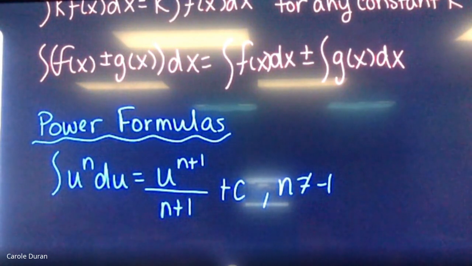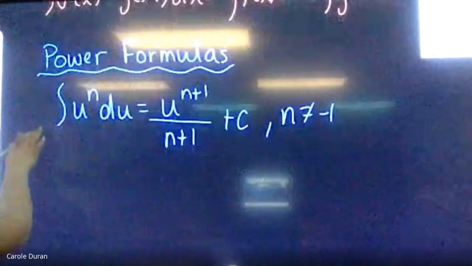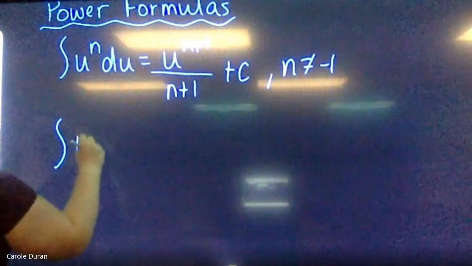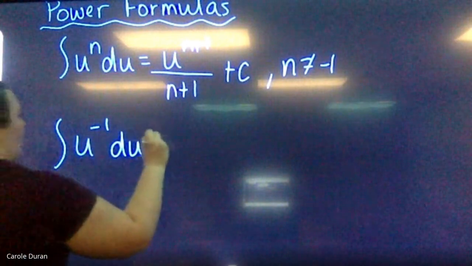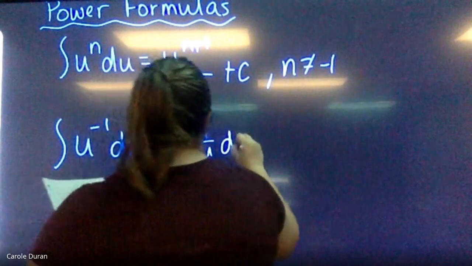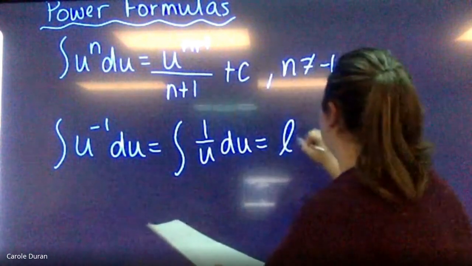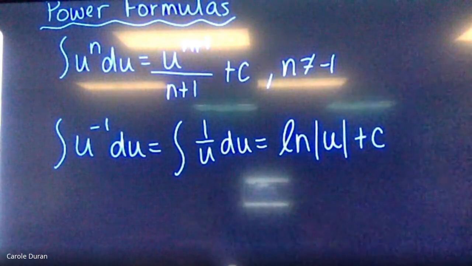If it is -1, then it's a natural log problem. Which brings us to our second power formula. If that exponent is -1, then the antiderivative is equal to the natural log of the absolute value of u plus some constant c.